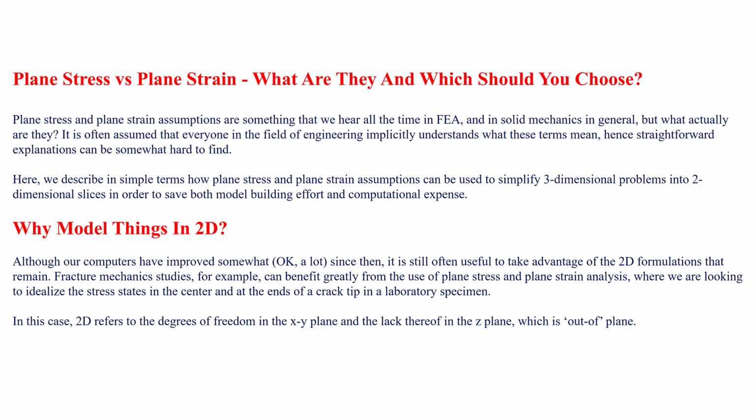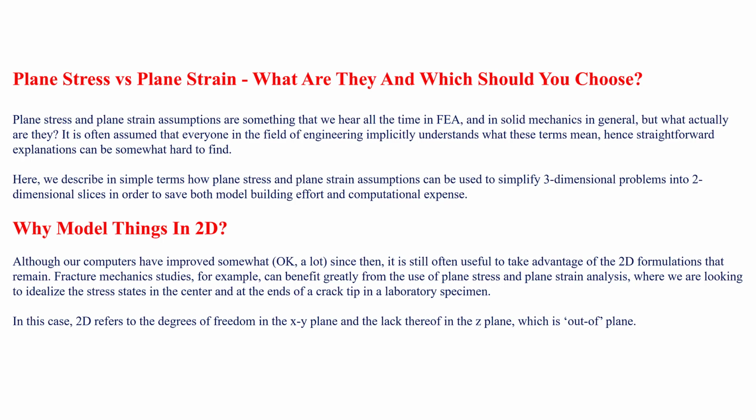So we already know we have improved computers in this generation, right? So in short, we consider plane stress and plane strain to simplify three-dimensional problems into two-dimensional slices, in order to save modeling and computational expenses as well.